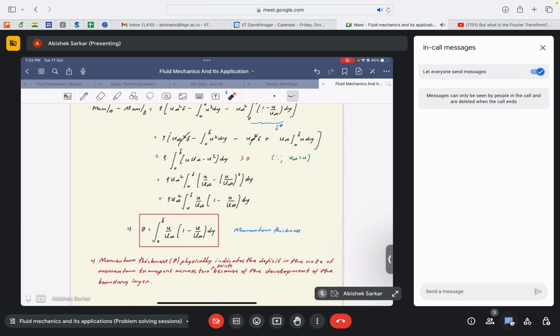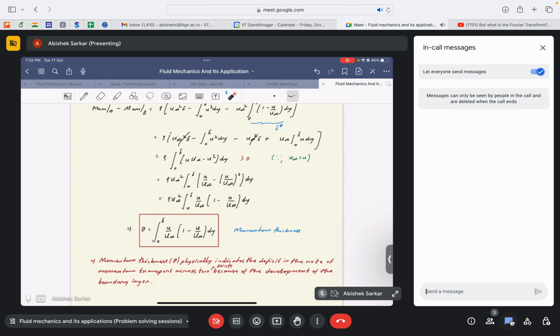So there might be instances where, if you don't recall the expression, you may mix up the momentum thickness or displacement thickness. Same goes for energy thickness also. If you just recall the concept or have an understanding of what the exact expression is, or at least know the form of the expression, you can easily get the right answer.